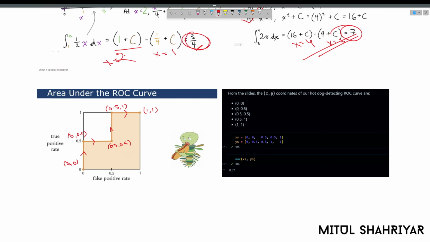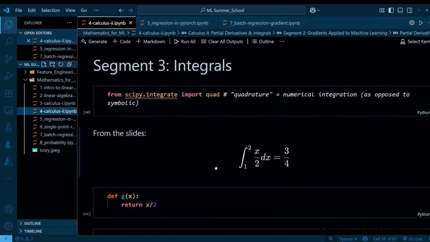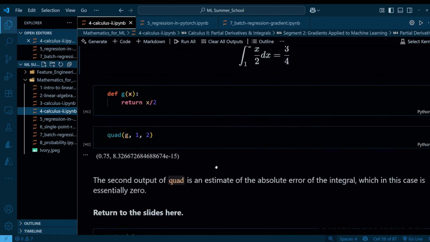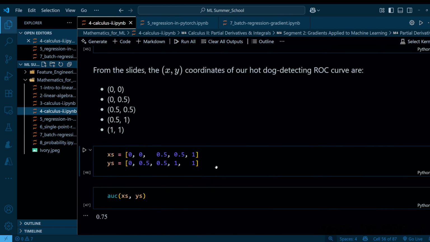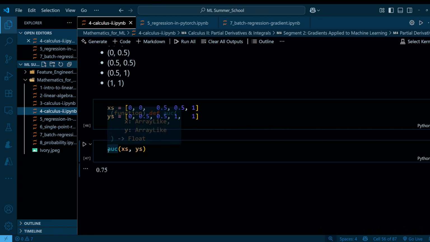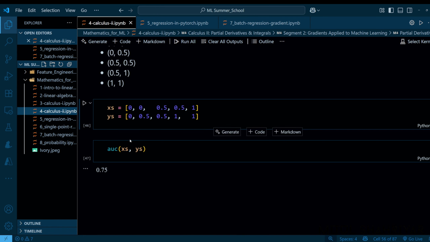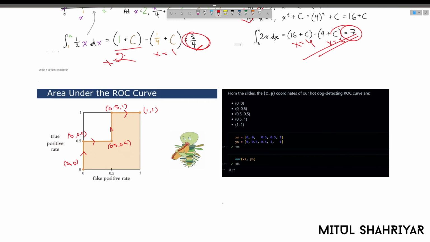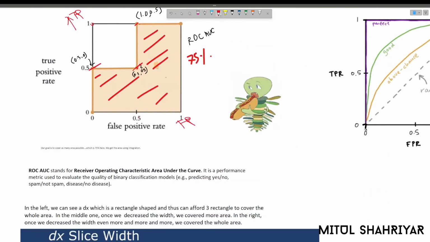If we do that, there is a function we can use here. We can call AUC and mention the points. You can get 0.75, which is 75%, which is what we guessed, right? Almost 75% was covered.